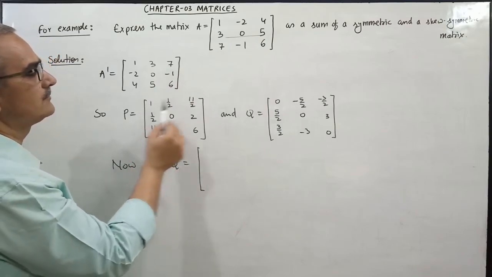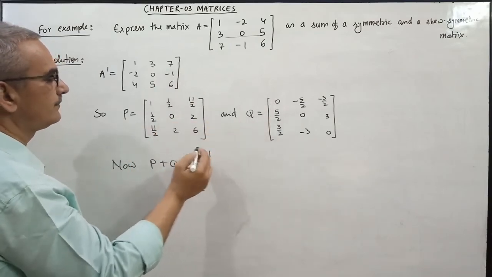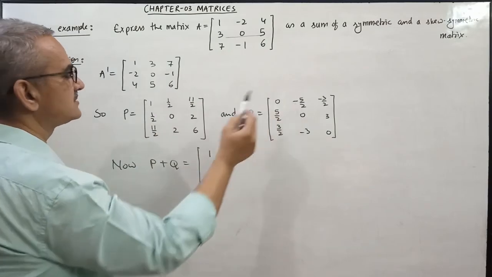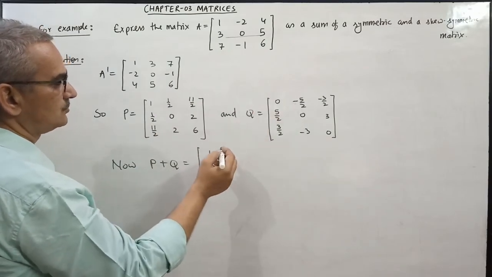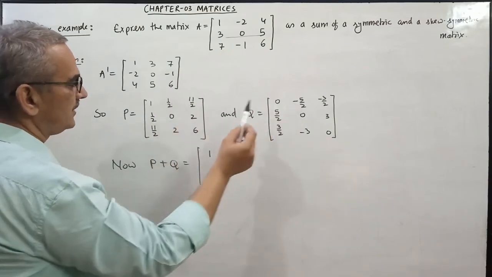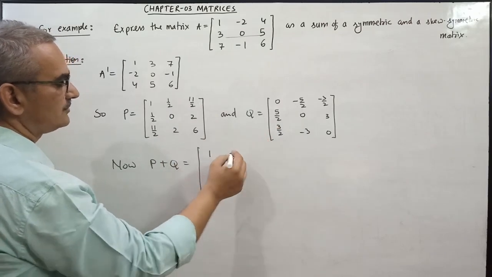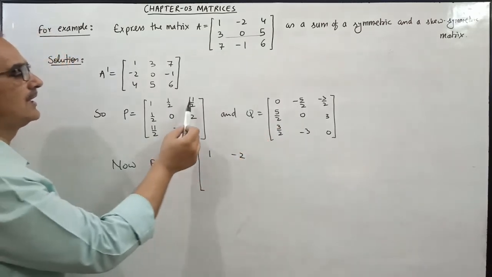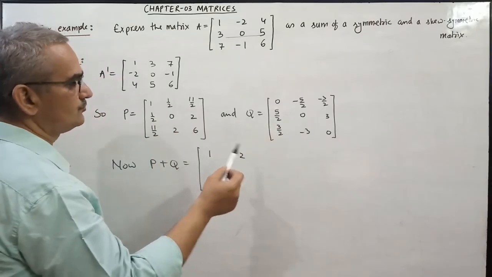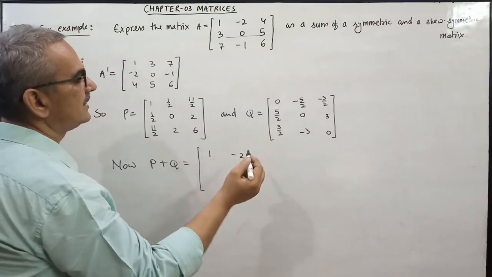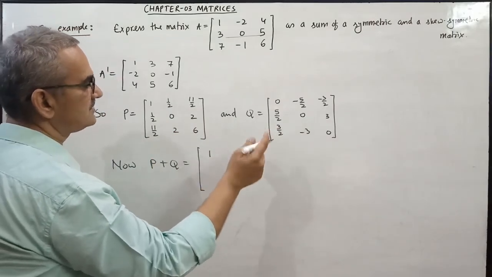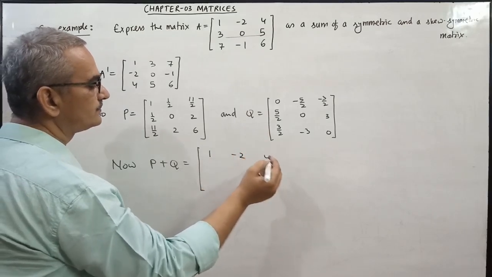Okay. So 1 plus 0 is 1. 1 by 2 minus 5 by 2. So what will we get? 1 by 2 minus 5 by 2 is minus 4 by 2, that is minus 2. 11 by 2 minus 3 by 2 will be, what will be? Minus 8 by 2, sorry, plus 8 by 2. So we are getting 4.